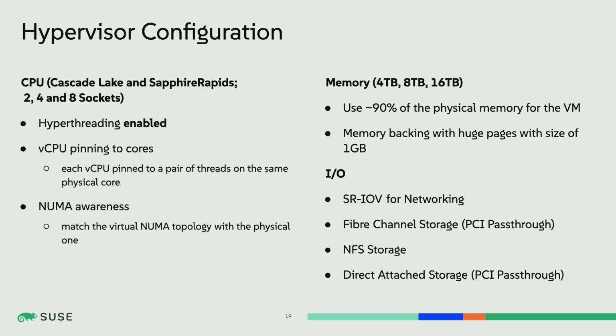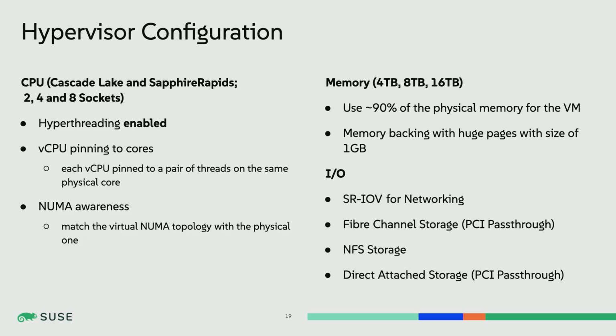So you pay attention that this is the same in the virtual environment. This is a rough overview of what we're doing on hypervisor level to make sure that the performance is transported through the abstraction layer. Hyperthreading is enabled. We are pinning physical CPU cores to virtual CPU cores, or vice versa. We enable NUMA awareness so that we clone the NUMA topology, as I just said. We are able to use roughly 90% of the actual available physical memory for the VM.